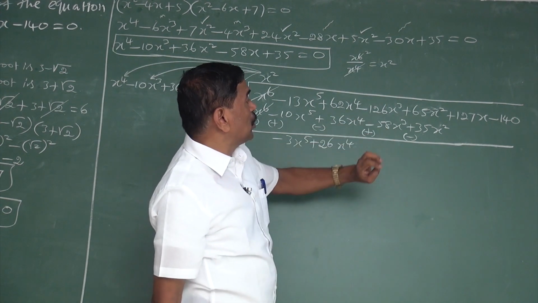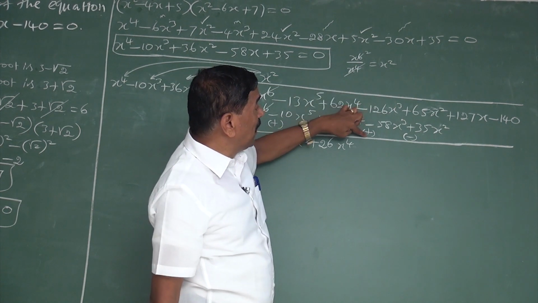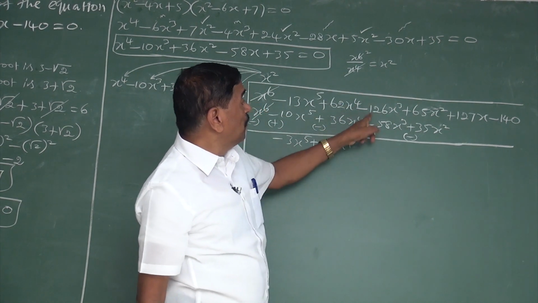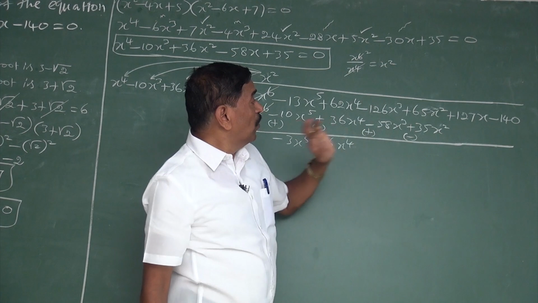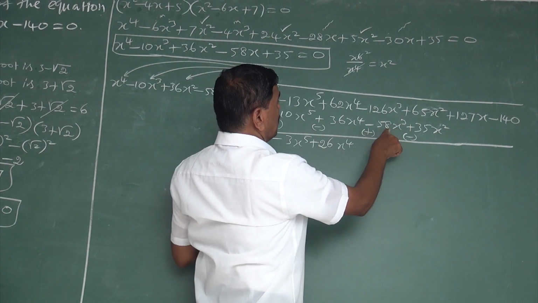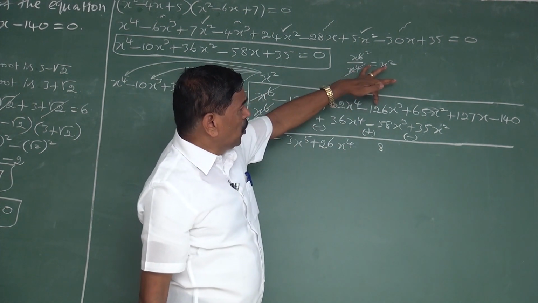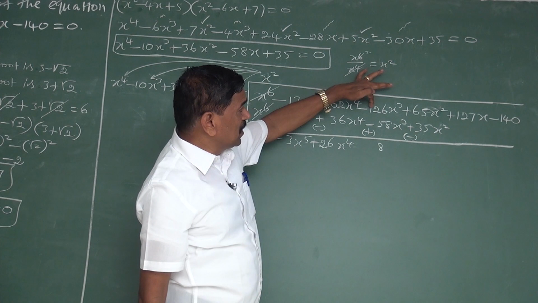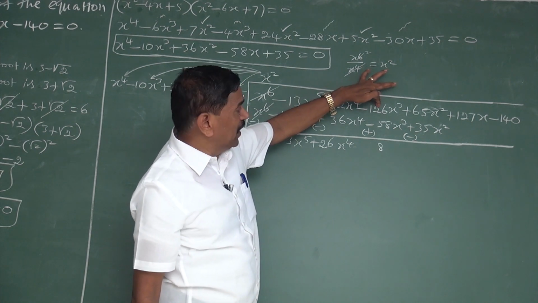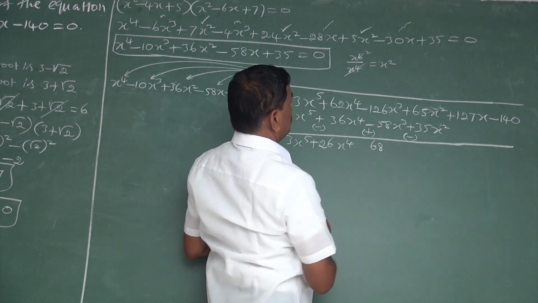Okay, come to the x cube term. The x cube term: minus 126x cube and plus 58x cube. The signs are different, so we want to subtract. Here 16 minus 8 is equal to 8. Next, we already borrowed, so the remaining is 1. Again borrow, we get 11. 11 minus 5 is equal to 6.